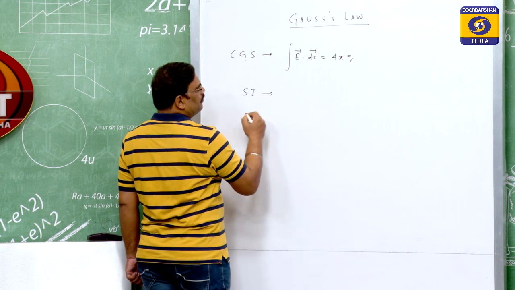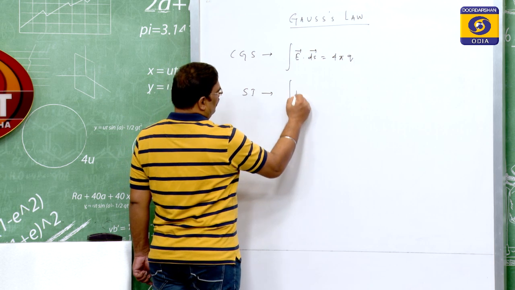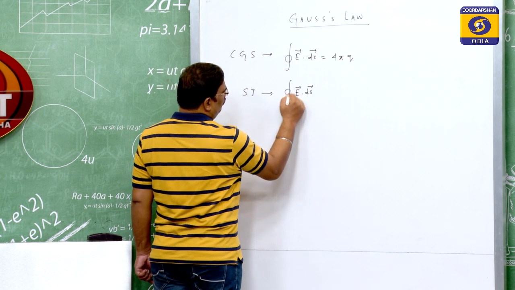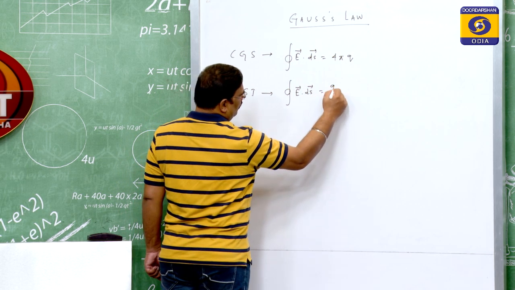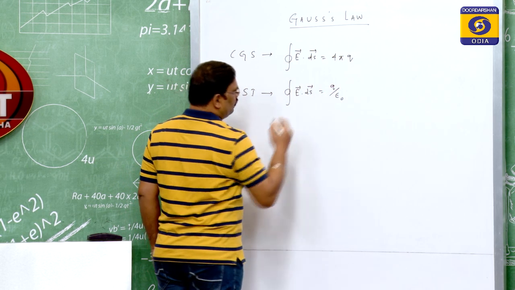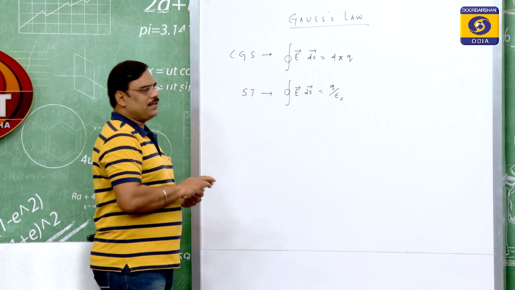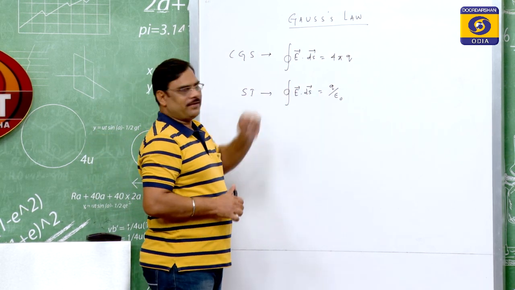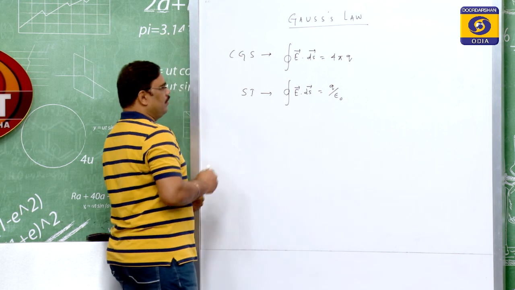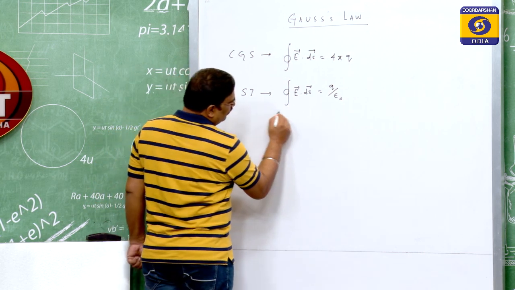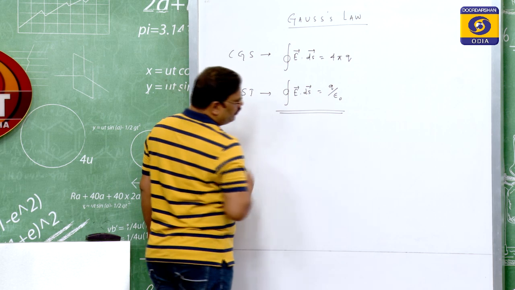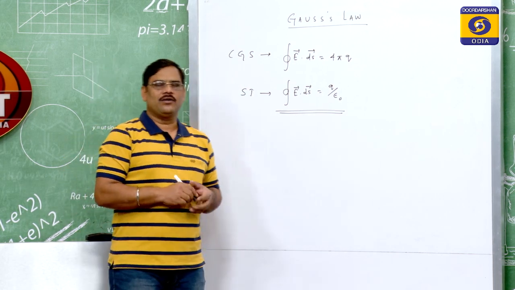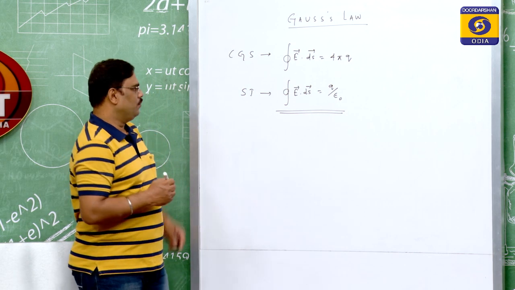In the SI system, the integration over the surface was q divided by epsilon 0. These are the charges enclosed within the surface, and using this Gauss law, we calculated that the electric field inside a conductor is 0.